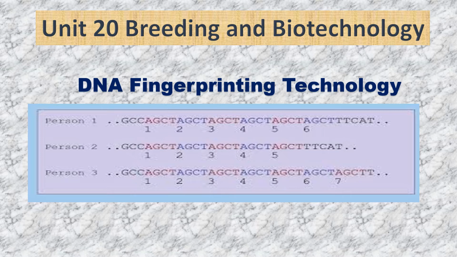Each person has different types of sequence. In the picture, the first person has 5 sequences, the second person has 5, and the third person has 7.